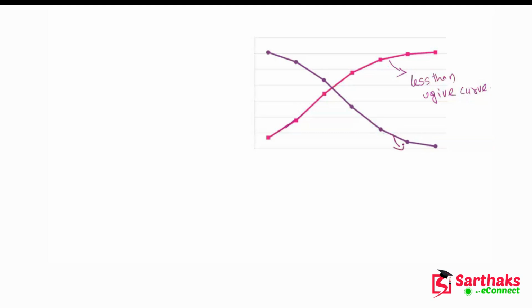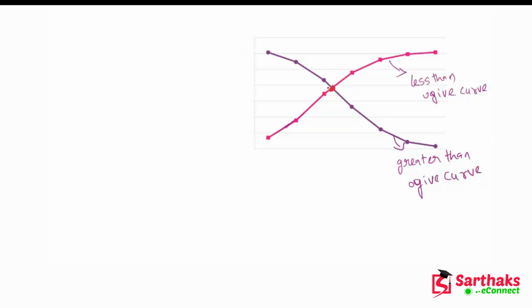And if you talk about this curve, this is greater than ogive curve. Understand? So now, my dear friends, how we can find the median with the help of this curve? So the intersecting points.